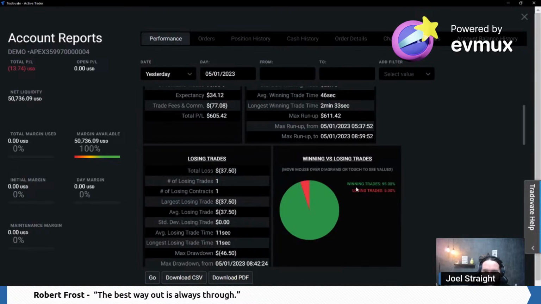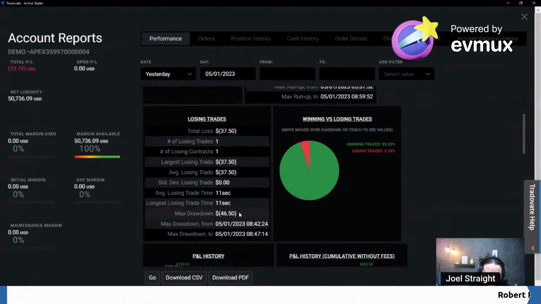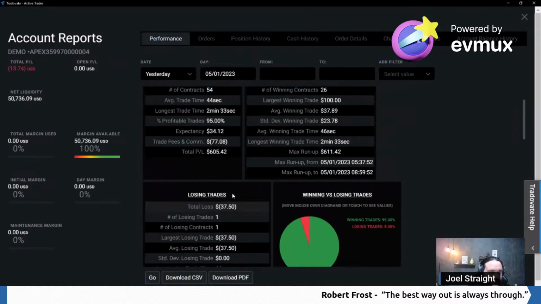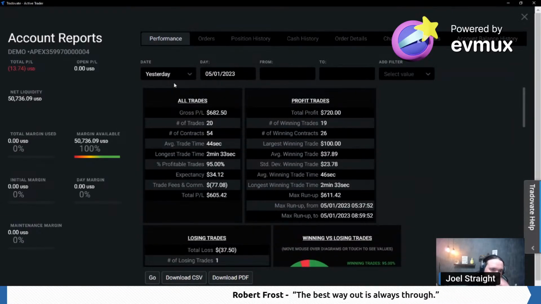Let's see yesterday's numbers. It was just that one loss, which was a complete accident. I didn't even know I was in it. I cut it pretty much immediately. I waited a couple seconds to see if it was going my favor, but it wasn't an intentional trade.